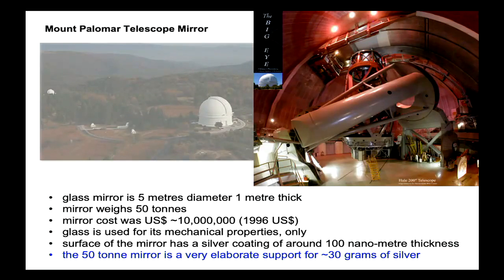So the glass was used for its mechanical properties only, not its optical properties, which is an interesting thing. And then, here we go, we've got a 50-tonne weight supporting about 30 grams of silver, a very thin layer of silver to do the reflecting. So it's an interesting little engineering problem.